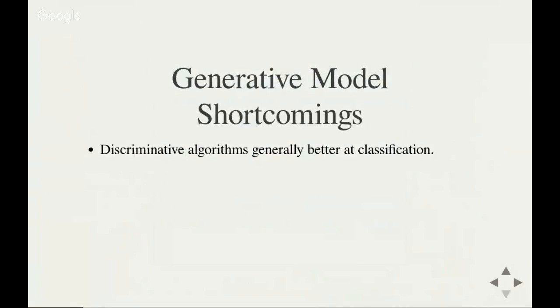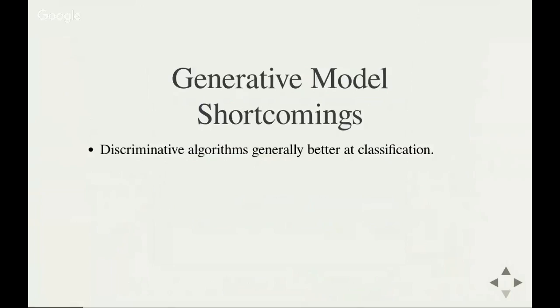So there have been a number of shortcomings with generative models, especially in the past. Discriminative algorithms generally perform better when you're trying to do a classification task, probably because you're training specifically on labeled data, which is indicating how to classify various inputs.